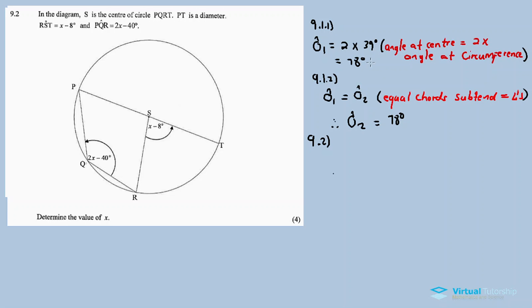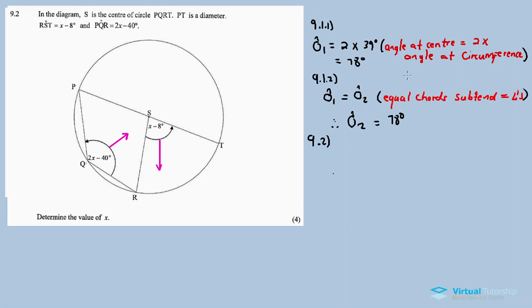But now there's a catch here. Look, this angle is facing this direction, and this angle is facing that direction. If your angles are facing in different directions, this theorem will not work.